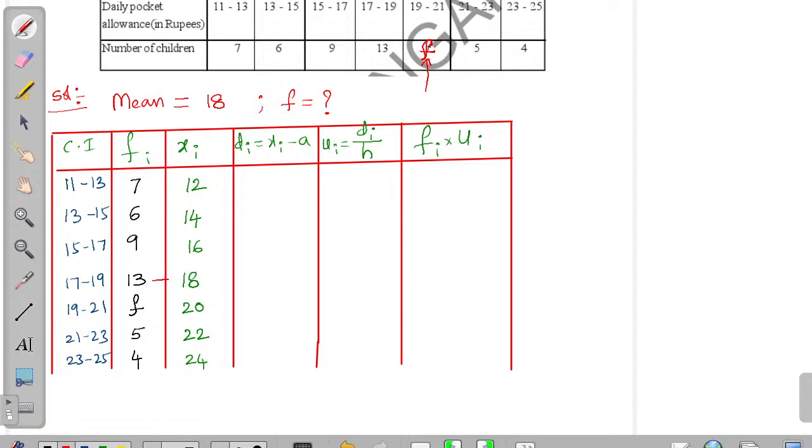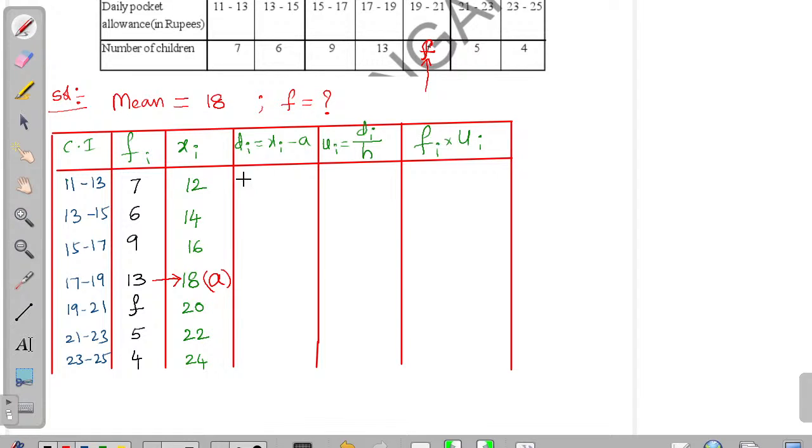After that, you have to take the assumed mean. Here I am taking the mid value with the largest frequency as a. You need not take this one only; just for the sake of the method, I am taking 18 as a.